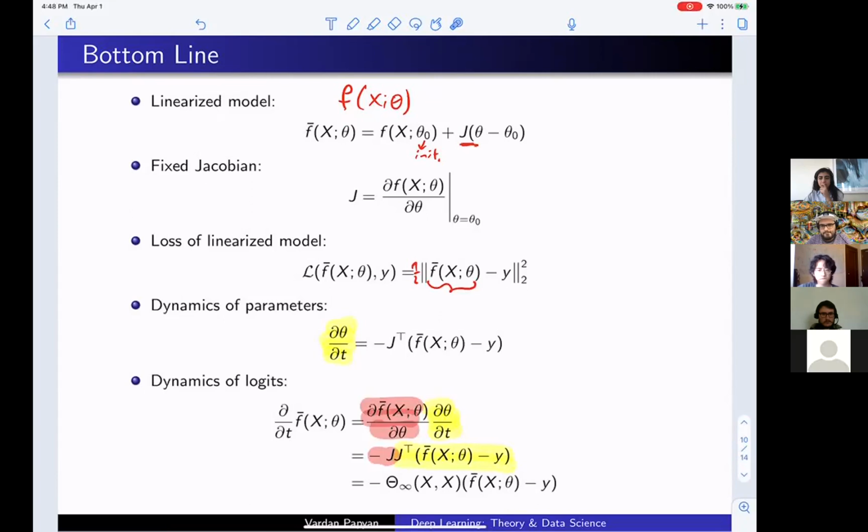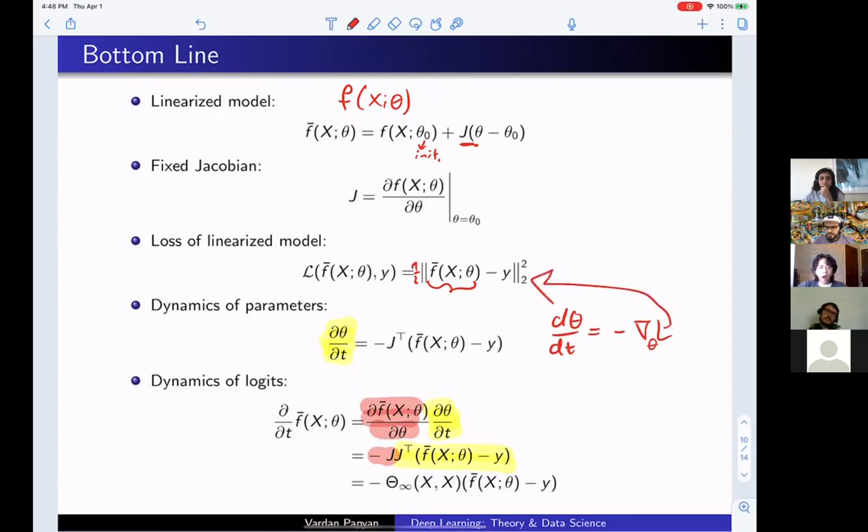Hi, Professor. I'm quite confused about the dynamics of parameters. You have d theta over dt, but I thought it should be dL over dt. Where does this d theta come from? It is dL. So d theta over dt is equal to minus the gradient of the loss with respect to theta.